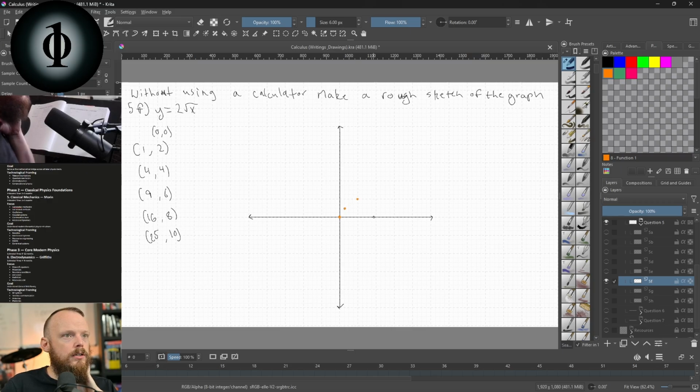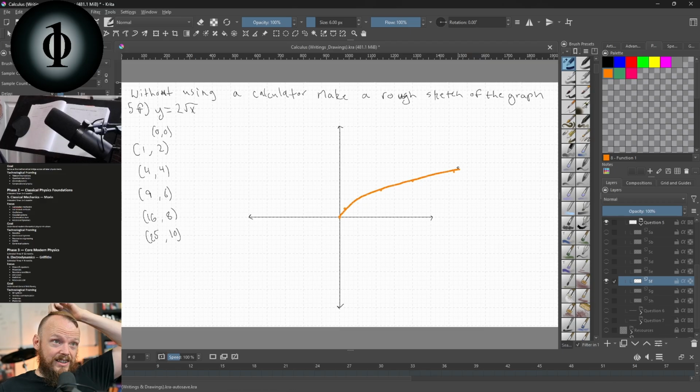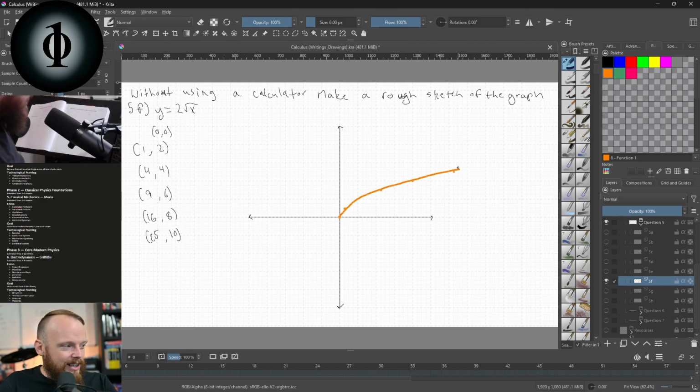We've got a 9, 6. 16, 8. 25, 10. So that's what it looks like. Man, I don't like how they showed their graphs and their answer set.